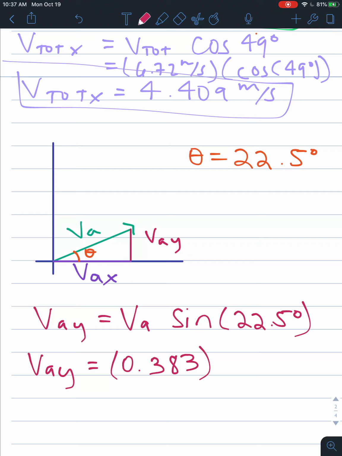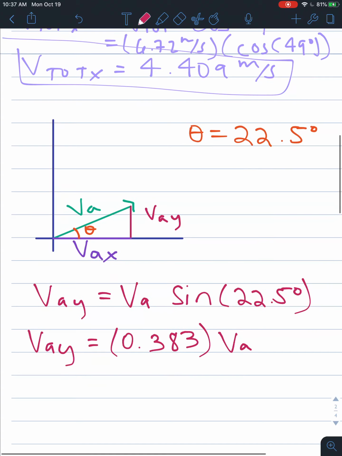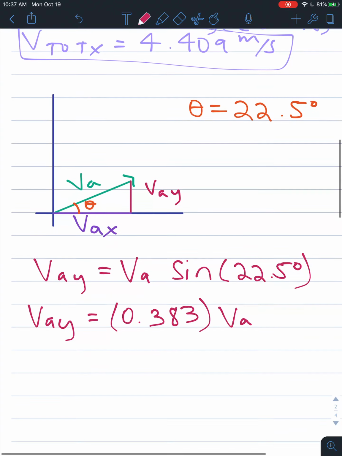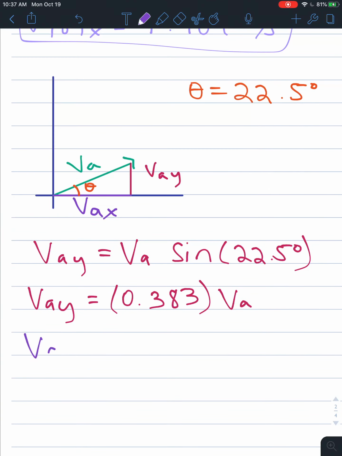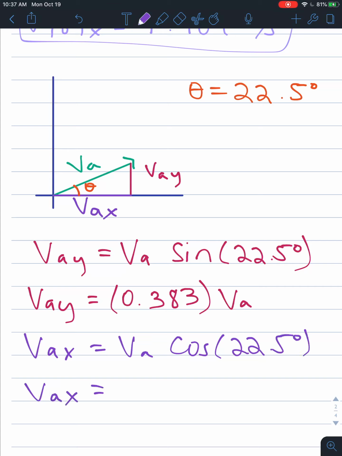The sine of 22.5 degrees is 0.383. So VAY is 0.383 times VA. And similarly, VAX equals VA times the cosine of 22.5 degrees, so VAX equals 0.924 VA.